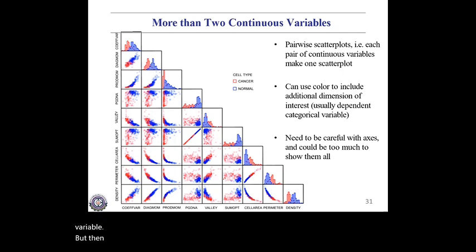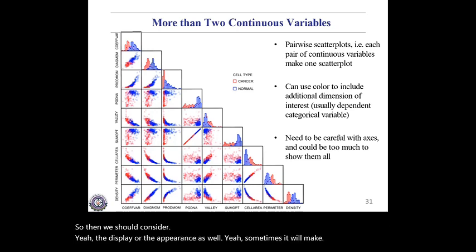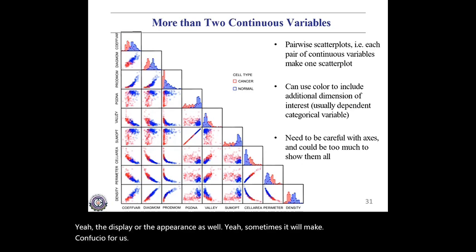But in this case, we have to be careful with the axes, as it could be too much to show them all. We should consider the display or appearance as well. Sometimes it will confuse us if there are too many axes, so we have to rearrange these pairwise scatter plots.